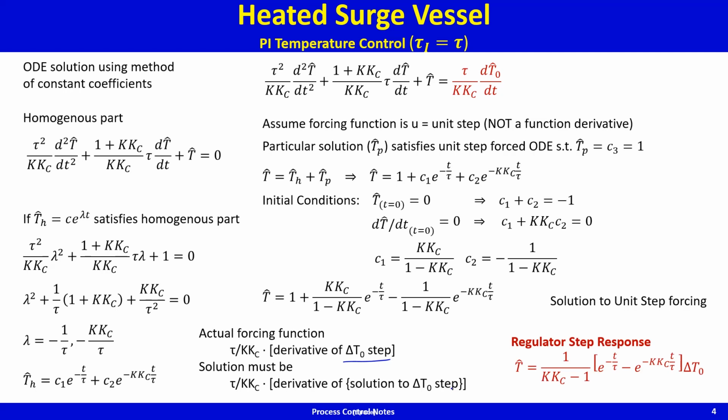When you do this, the final regulator step response turns out to be this. This is what I had derived. And of course, what I derived was for a unit step. If the step size is delta T naught, because it's a linear system, the response will be delta T naught times the unit step response. This is a summary of what we derived.